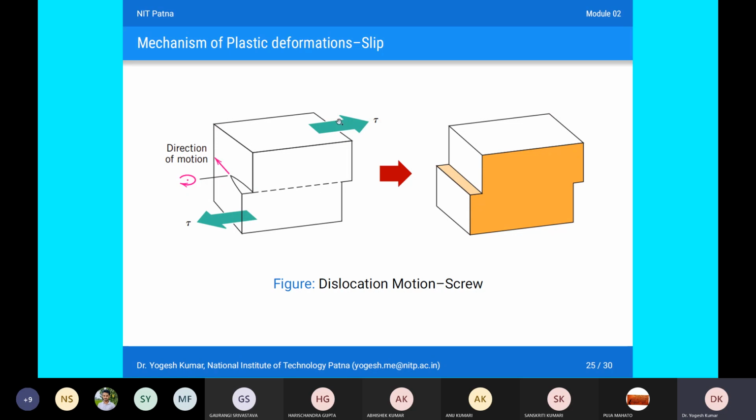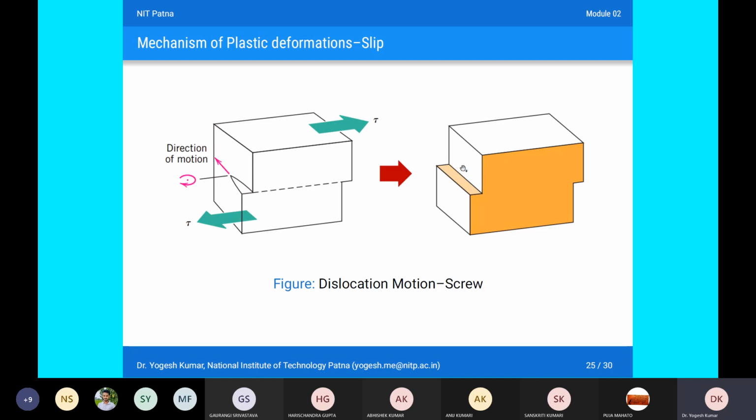Since we are applying shear stresses, due to this screwed portion your material gets deformed permanently, something like this. This also requires that the stress value should be greater than a critical value.